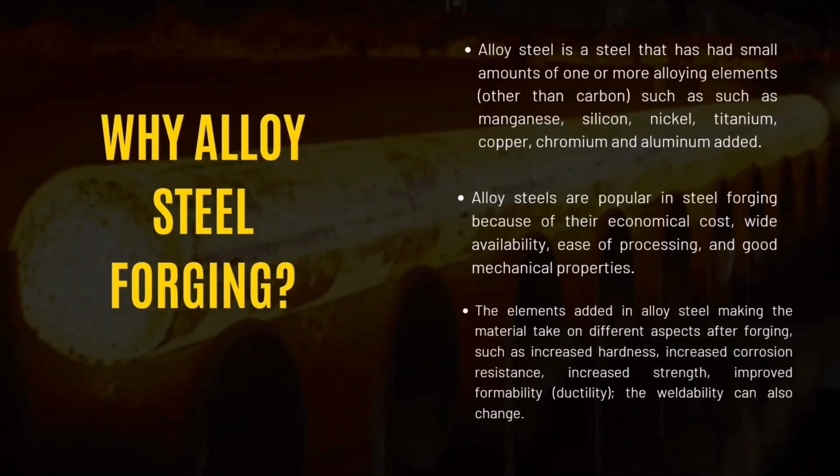The elements added in alloy steel make the material take on different aspects after forging, such as increased hardness, increased corrosion resistance, increased strength, improved deformability, or ductility. The weldability can also change.